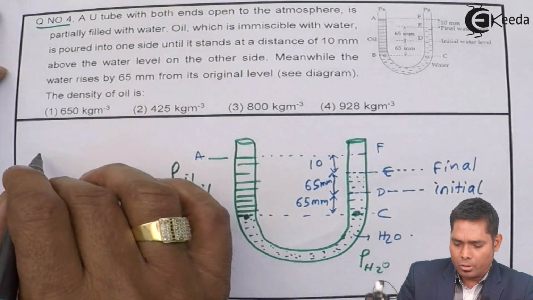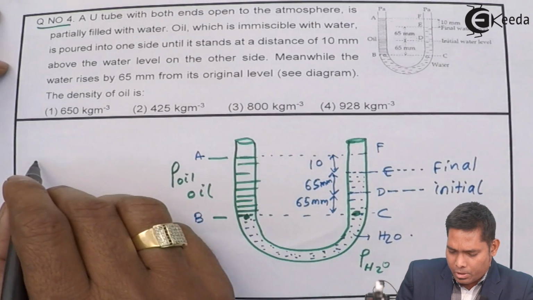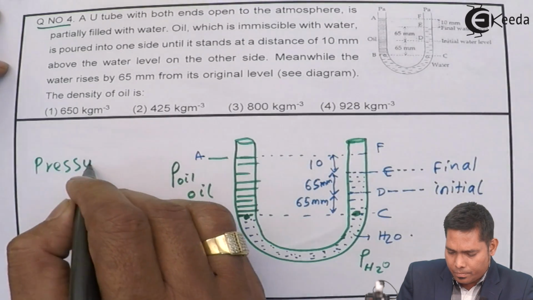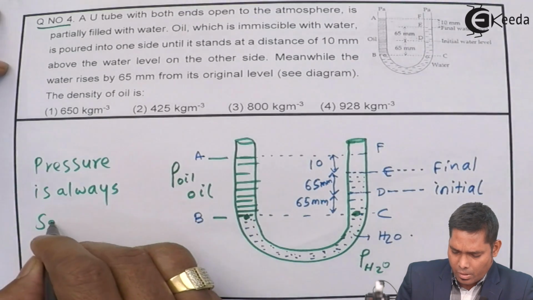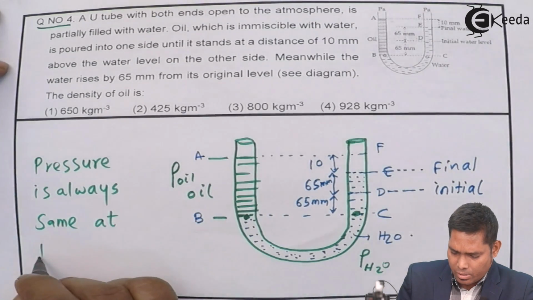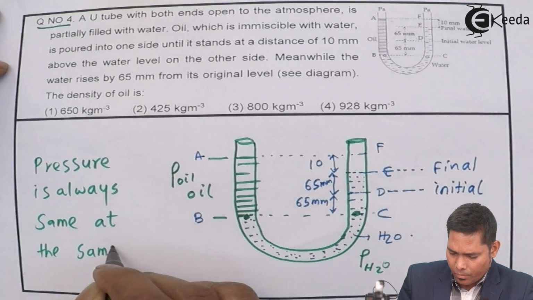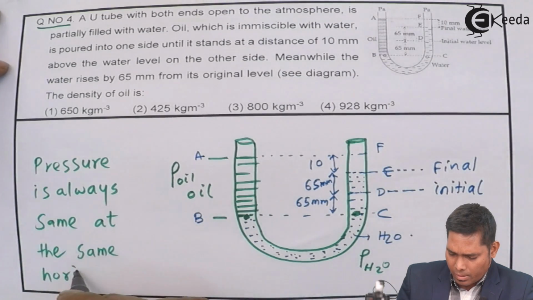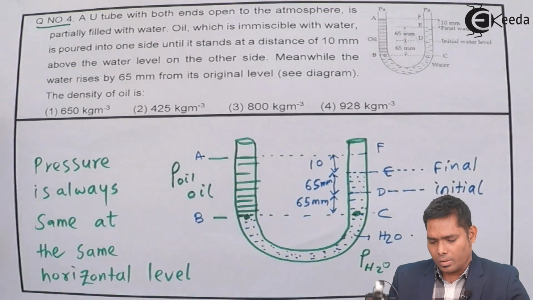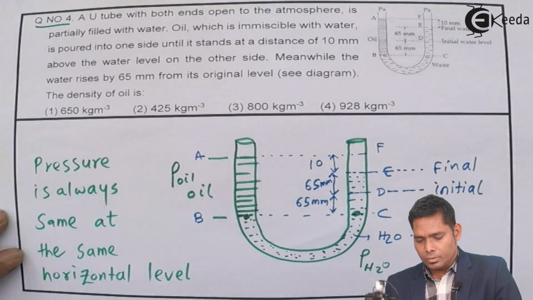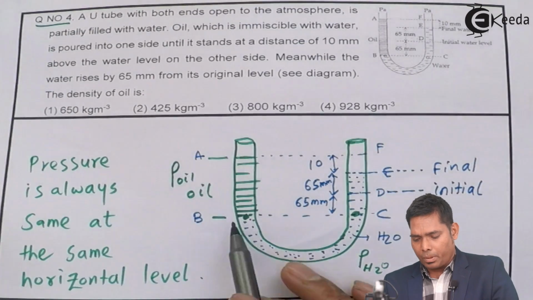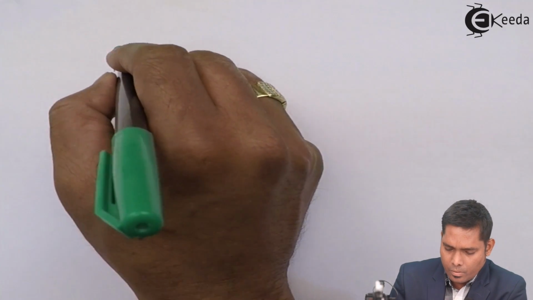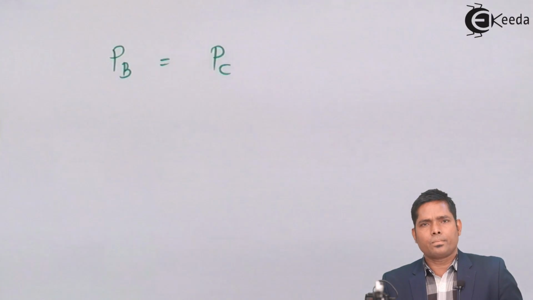According to the principle that pressure is always the same at the same horizontal level, P_B equals P_C. Pressure at B equals pressure at C.